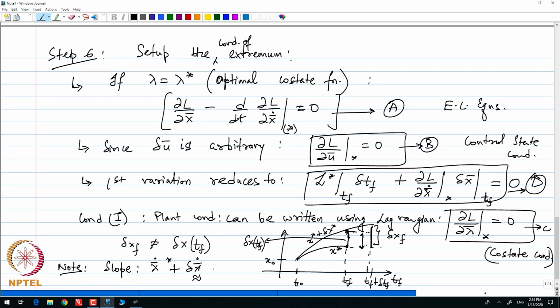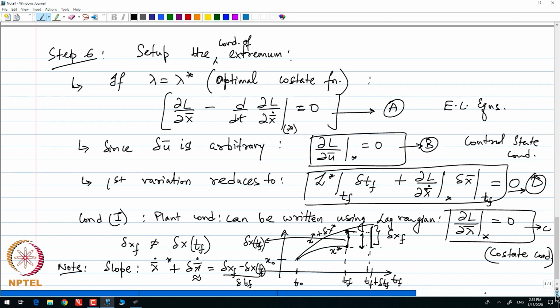So, I see that this is also equal to delta x f minus delta x at T f divided by delta T f. The change in the state variable divided by the change in time gives me the slope of the perturbed curve, or we can rewrite this quantity as follows.